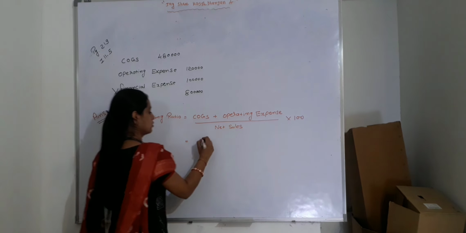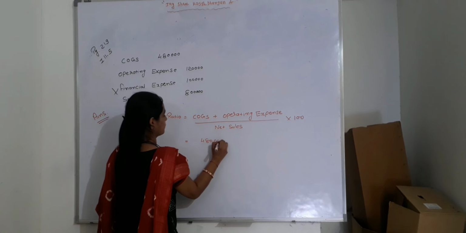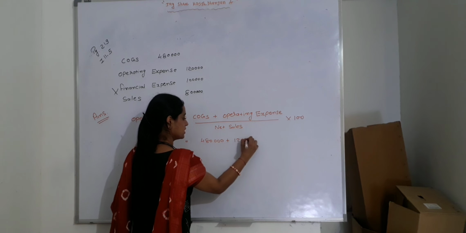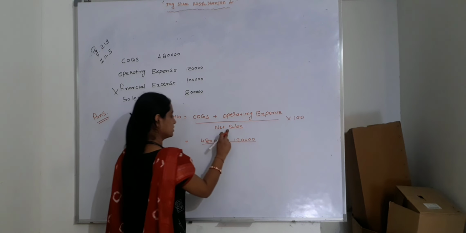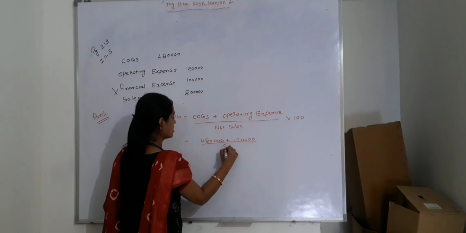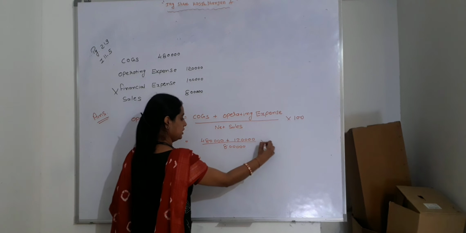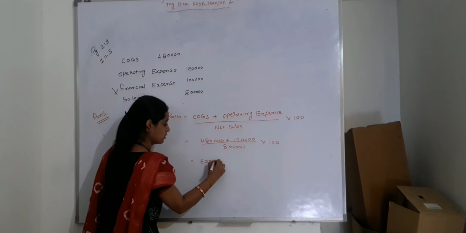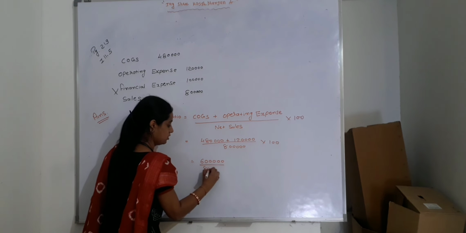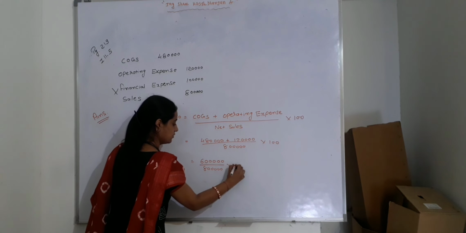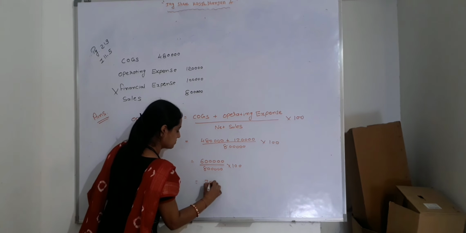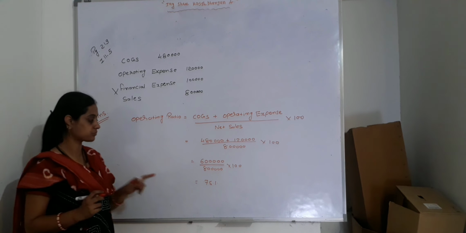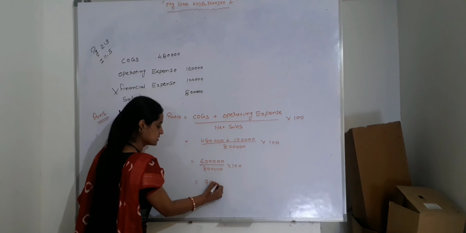COGS is 4,80,000 plus operating expenses 1,20,000 upon net sales, that is 8 lakh into 100. 4,80,000 plus 1,20,000, total 6 lakh upon 8 lakh into 100. Our answer is 75%. So operating expenses of a firm are 75%.